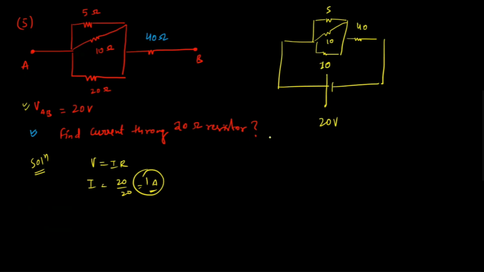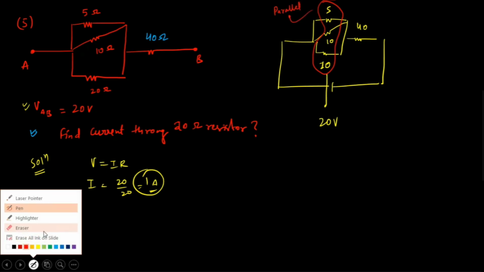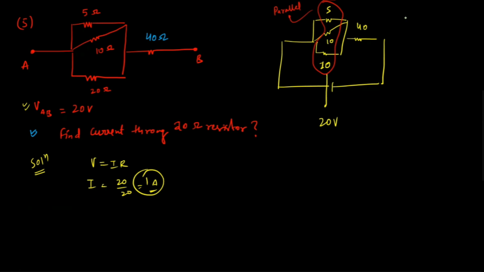Now what we know is that these three must be in parallel combination. So we can solve them first, because without solving them we cannot find out the current through this particular branch. So 1 over R must be equal to 1 over 5 plus 1 over 10 plus 1 over 20.